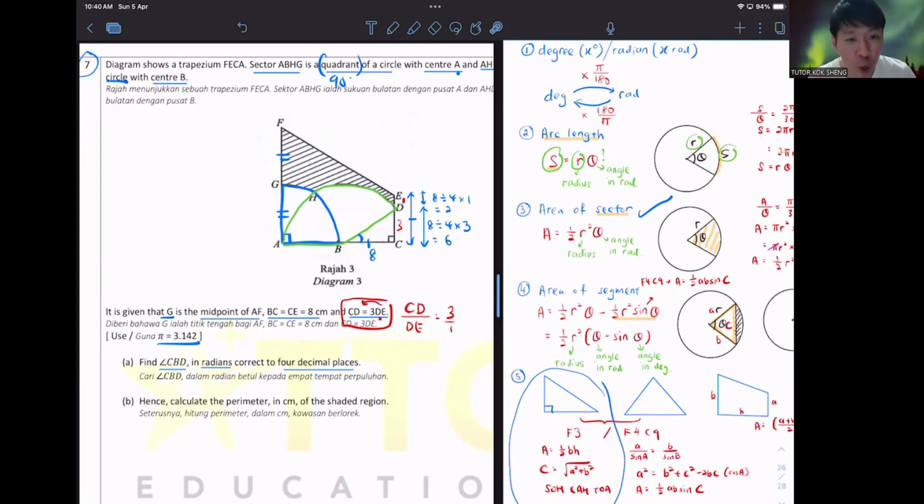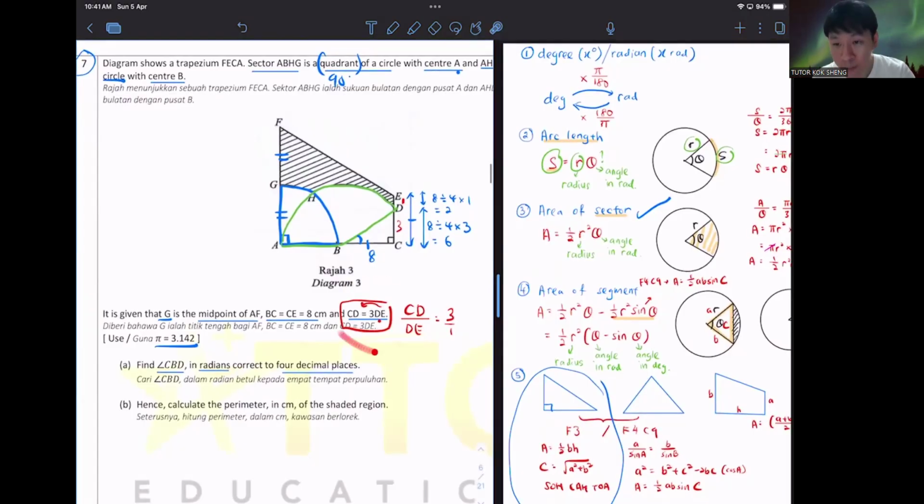Oh, you mean the ratio part? The ratio is over here. Do you understand how I get the 3 to 1 here first? CD equals 3DE. I think you forgot about the ratio. You learned the ratio before. Ratio is actually a fraction.